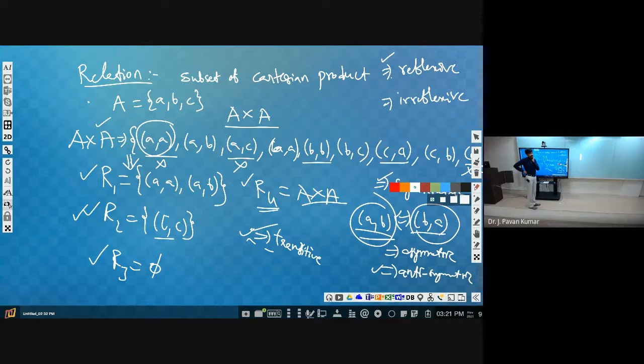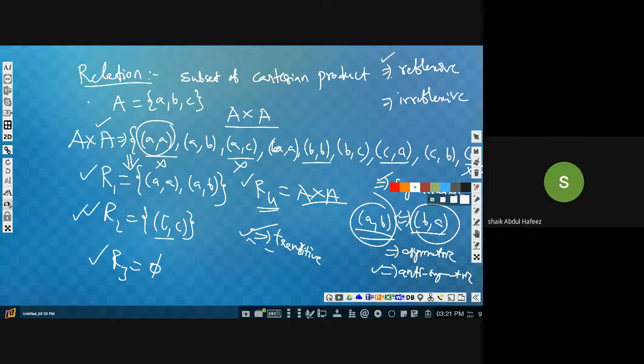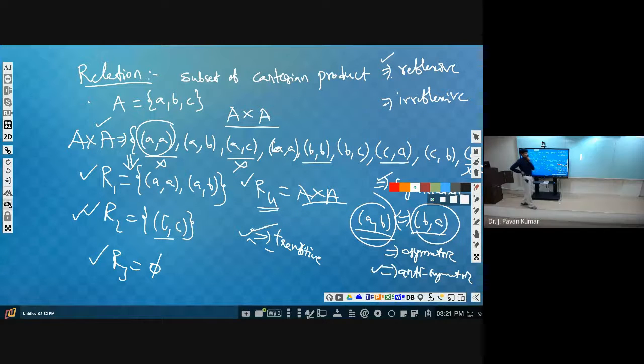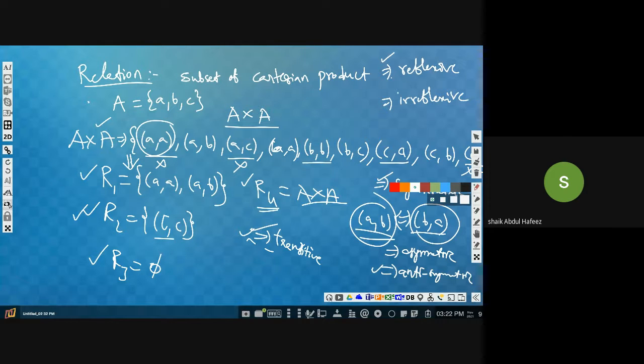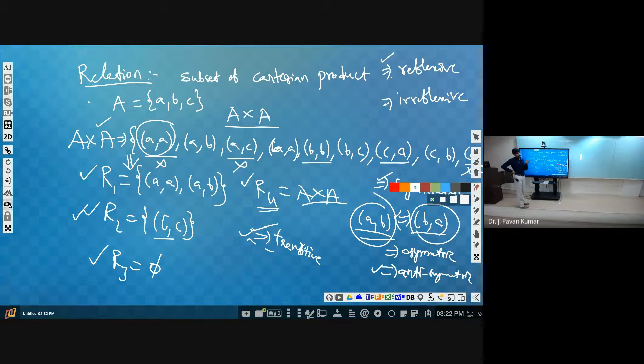Can we have a poset which does not have a maximal element? No, sir. We will always have a maximal element. We can have multiple maximal elements, and multiple minimal elements. We can have a poset which does not have a minimum element.